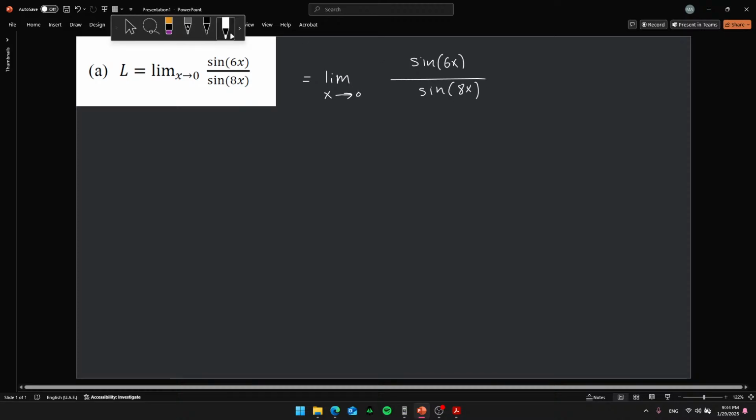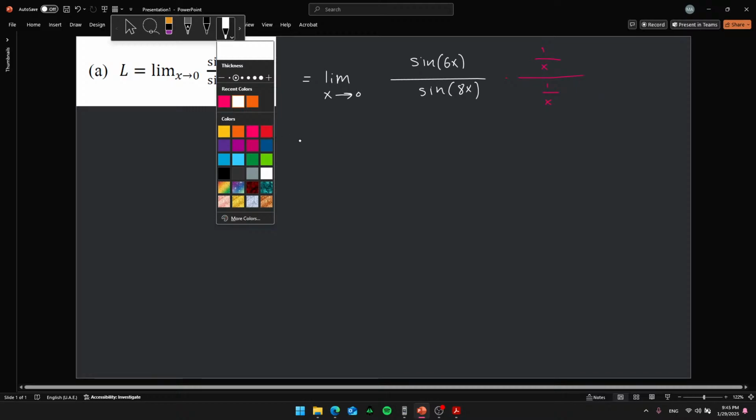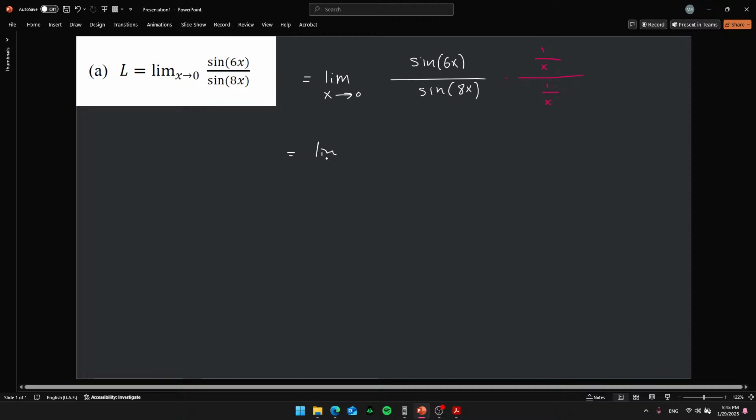I'll multiply the top and bottom by 1 over x, so that would get sine 6x over x, over sine 8x over x.